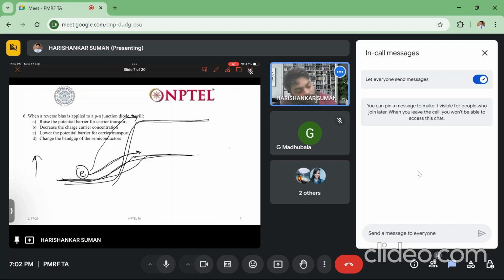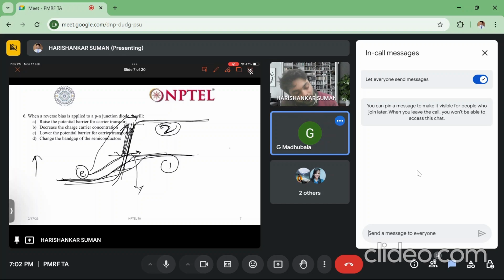Yes or no? This is the first case, this is the second case. In the second case, this is the barrier. Yes or no? For electron, that much. Yes, sir. So same way, if we apply biasing to p-type or n-type, the barrier goes down or the barrier goes up.